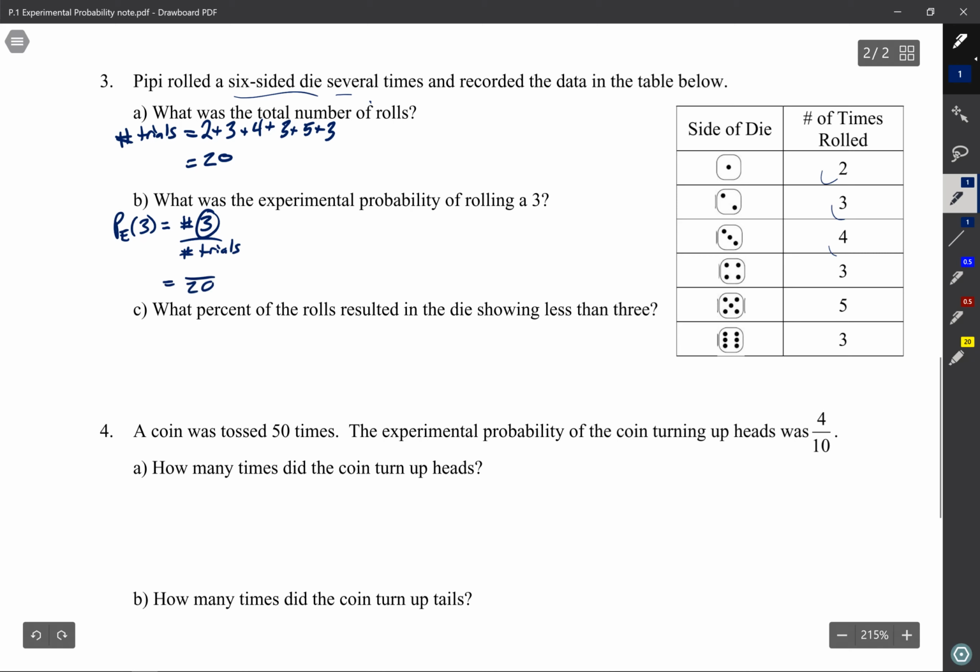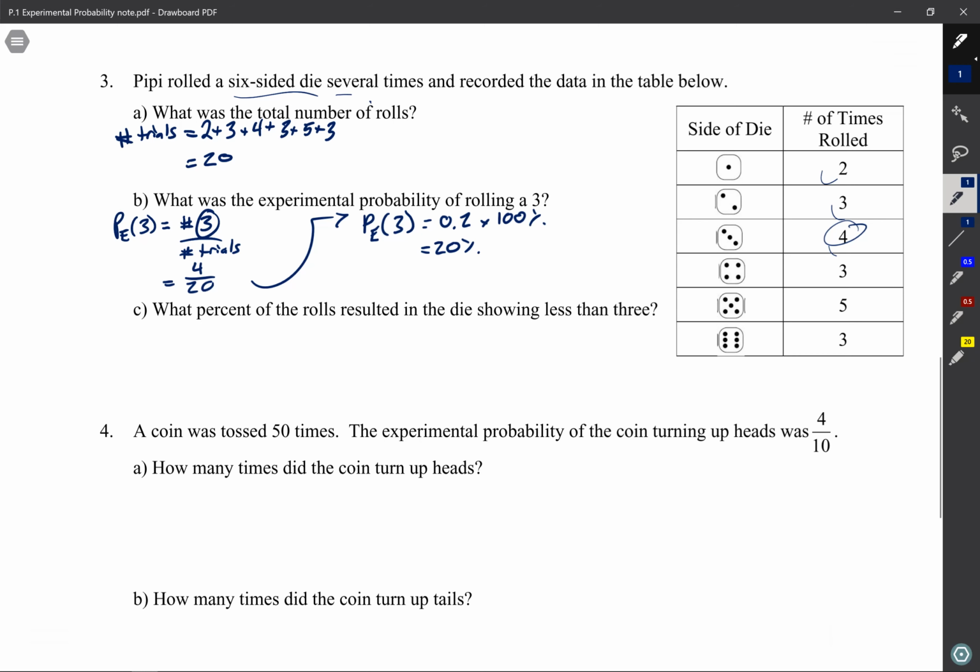The number of times we rolled a 3, we can take that right from our table here. 1, 2, 3, number of times we rolled it is 4. So if I plug that into my calculator, 4 divided by 20 equals 0.2. I can multiply that by 100%, and it's 20%. So the experimental probability of rolling a 3 was 20%.